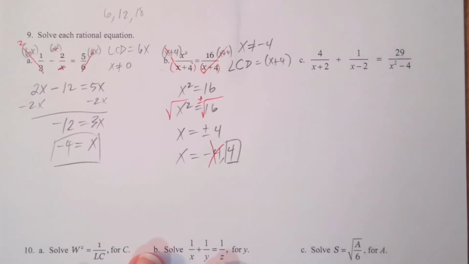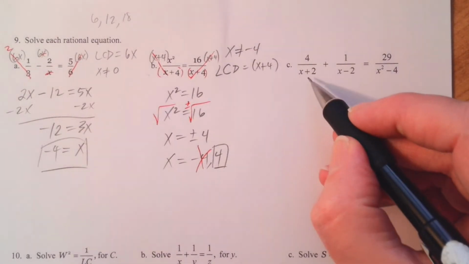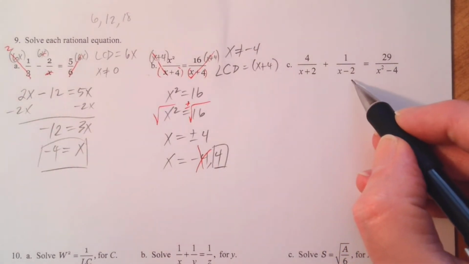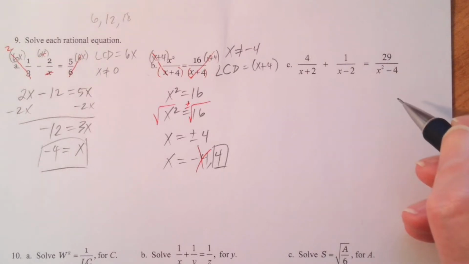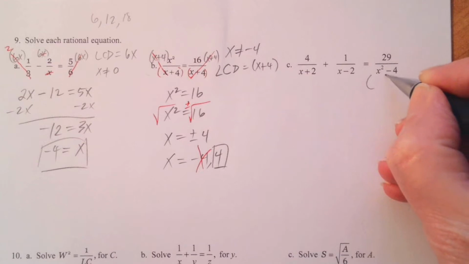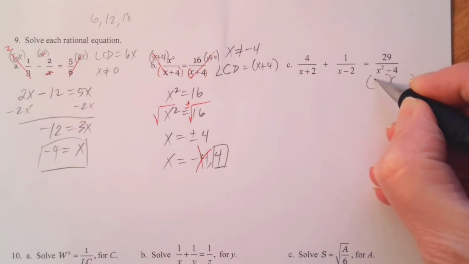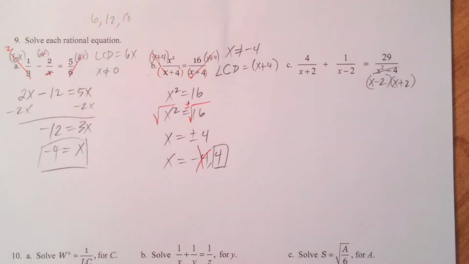All right, let's look at letter C here. We've got 4 over x plus 2, plus 1 over x minus 2, is equal to 29 over x squared minus 4. So the first thing I'm seeing is a difference of squares here. The x squared minus 4 can be written as x minus 2 times x plus 2.